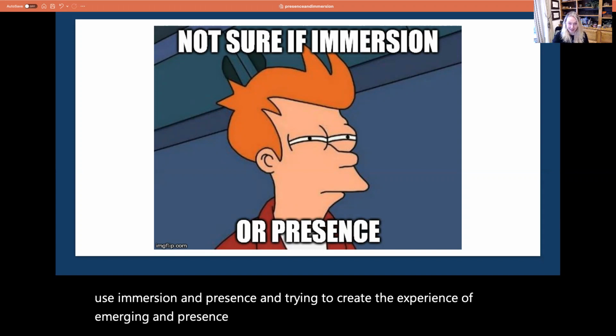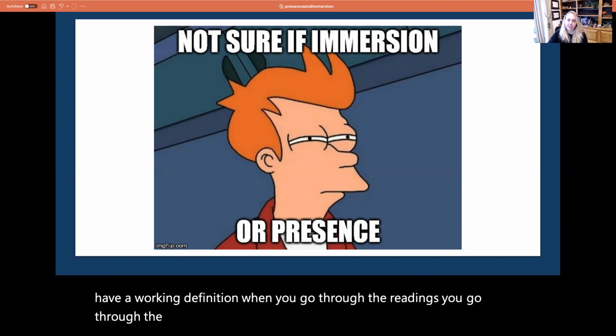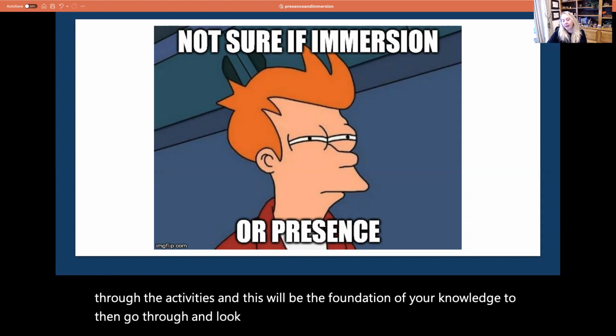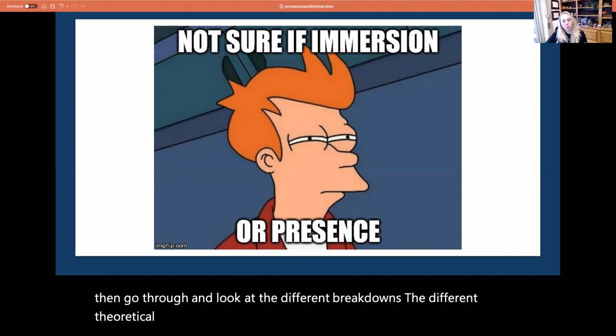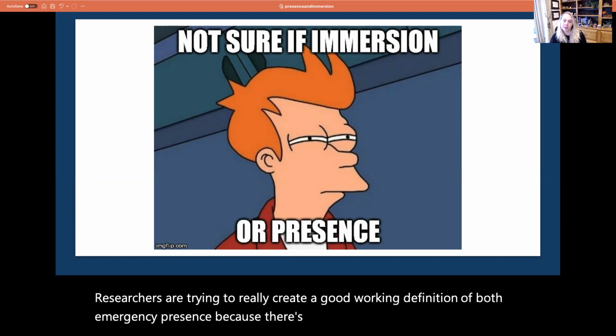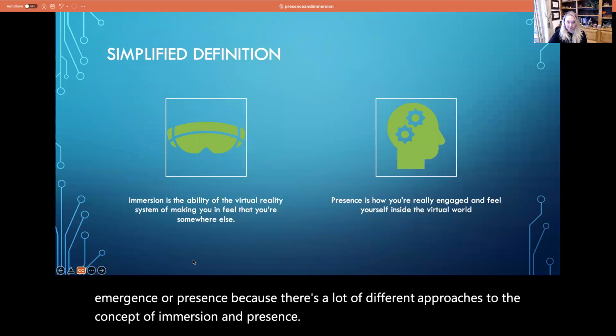So we're going to try and simplify it to have a working definition when you go through the readings and the activities, and this will be the foundation of your knowledge to then look at the different breakdowns, the different theoretical approaches, and why researchers are trying to create a good working definition of both immersion and presence, because there's a lot of different approaches to the concept of immersion and presence. So let's simplify it.